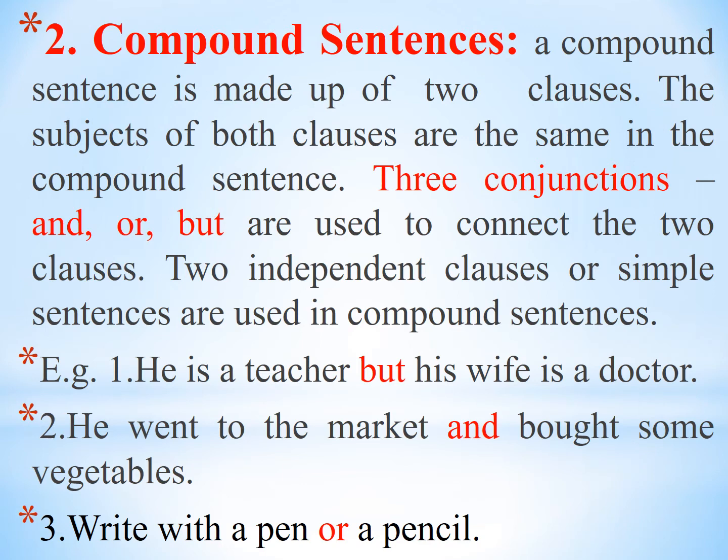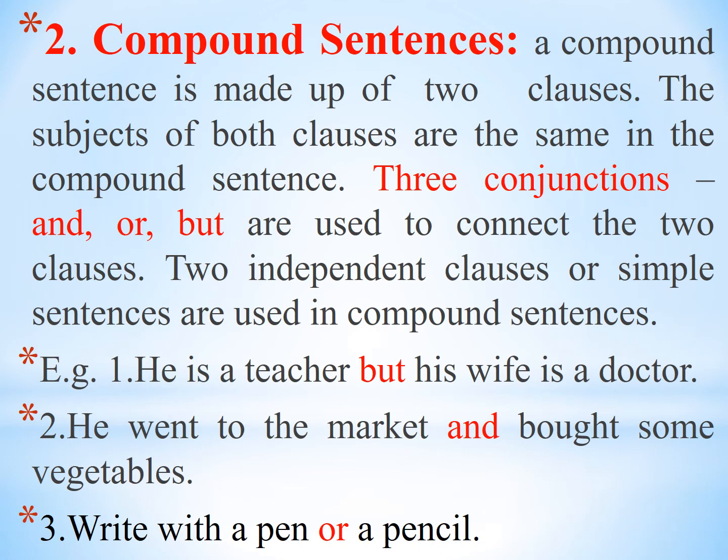Here he bought some vegetables, here also the subject is he. He went to the market and he bought some vegetables. Thus he went to the market is one independent clause. Second independent clause is he bought some vegetables, and is conjunction.